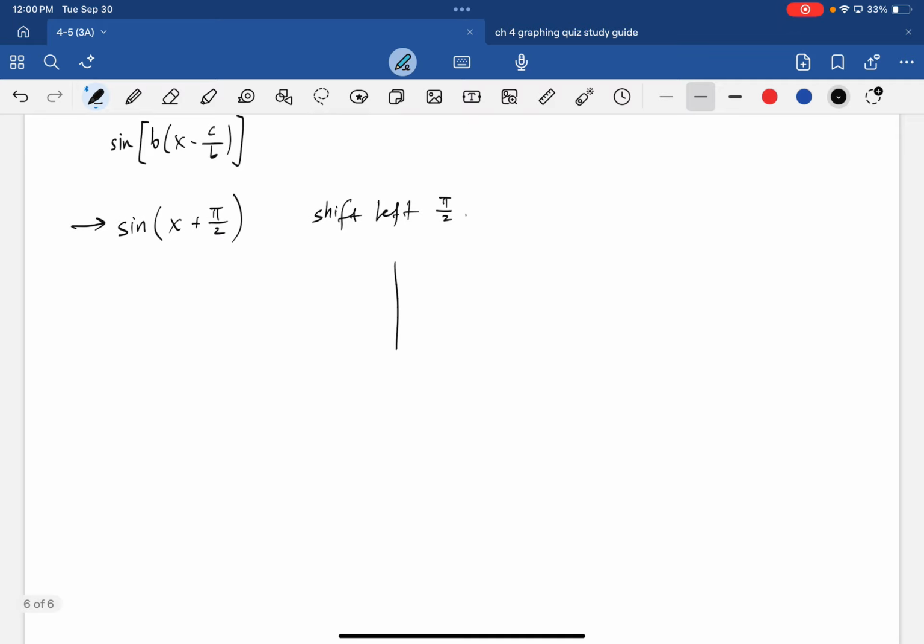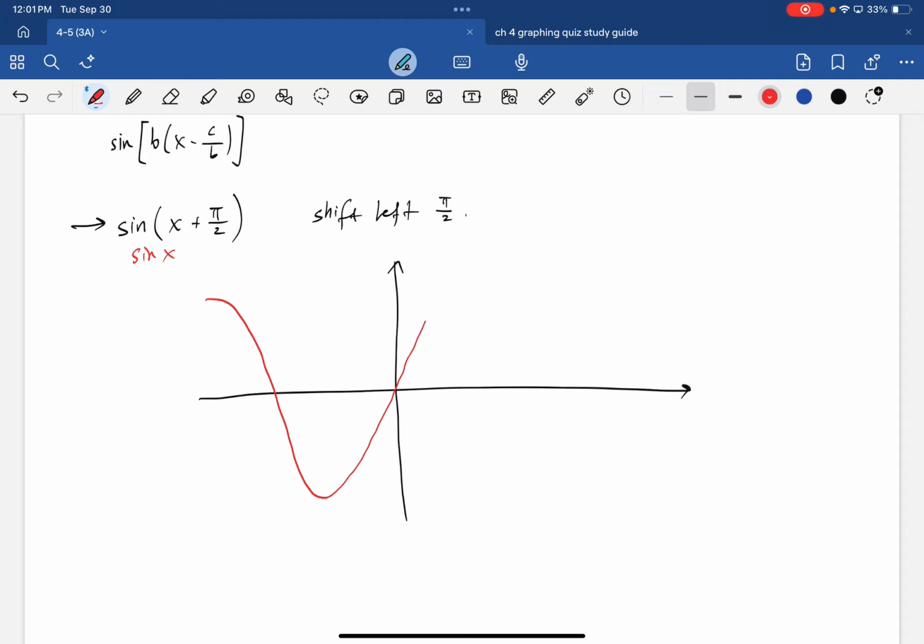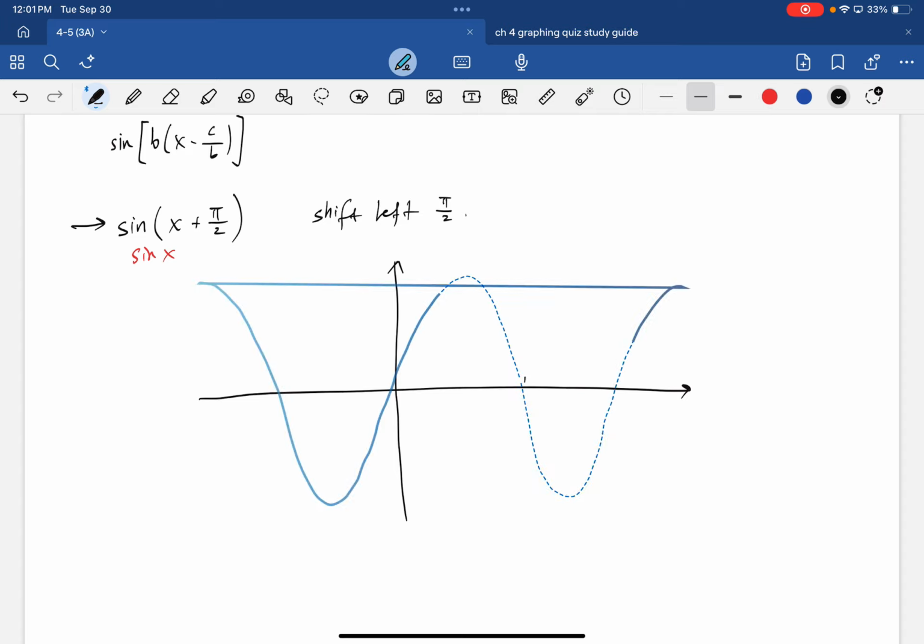So if our original graph, this is going to be a pretty trippy graph. If our original graph looks like this, okay, if this is our original graph, and then this would be pi, right?